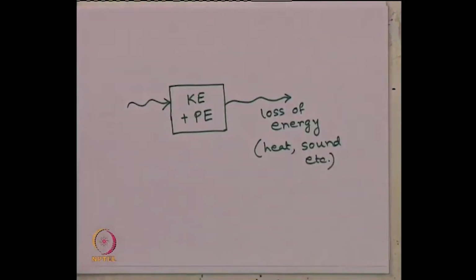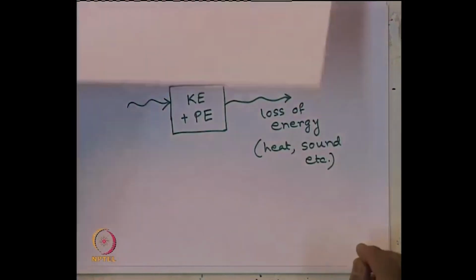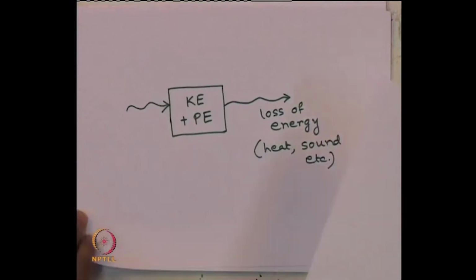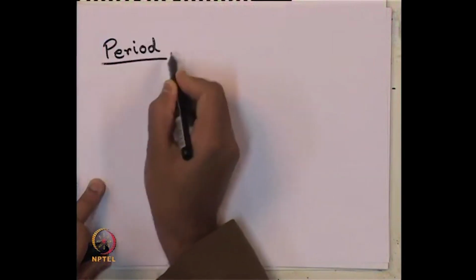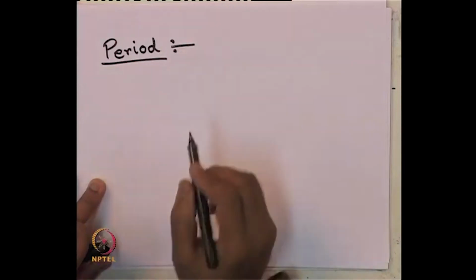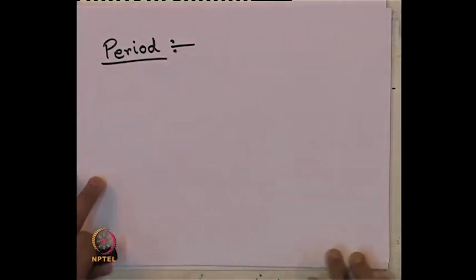So, now let us give the definitions of some standard terms which are useful in the theory of vibration. One is called time period or period of vibration. What is period of vibration?